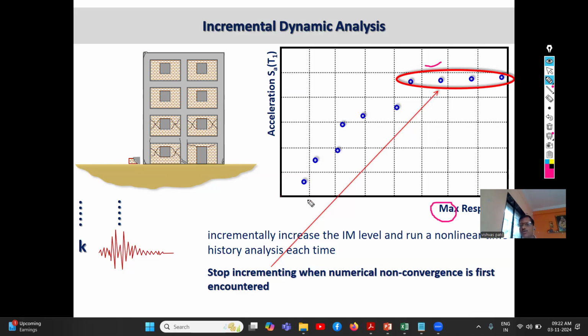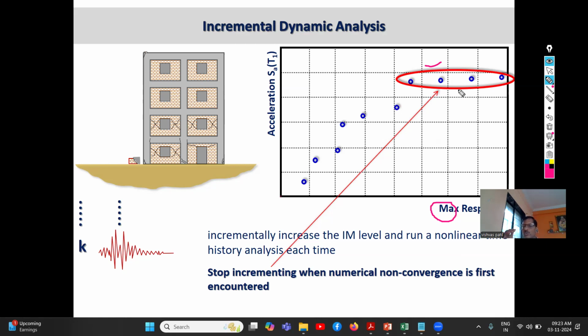Initially you will get a drift value of 0.1%, then 0.4%, 0.6%, then 1%, 2%, up to this level, 4%. Then finally a stage will come where complete collapse has occurred. The drift value is infinity; it is very high compared to the previous values, maybe 1000%, 2000%, which are not practical values. It is taken that the structure is completely collapsed.